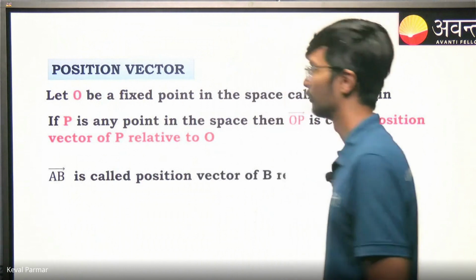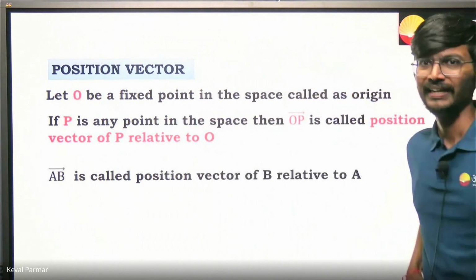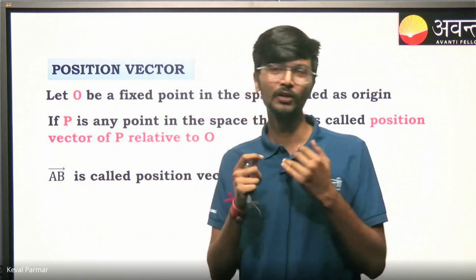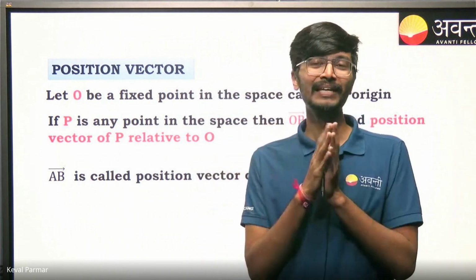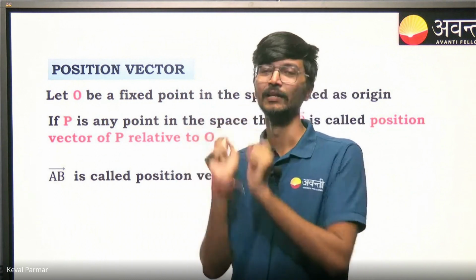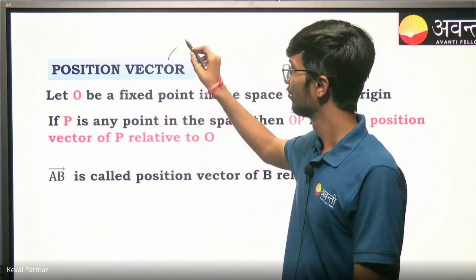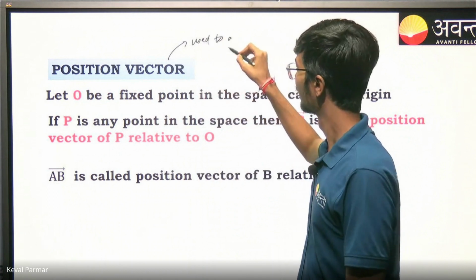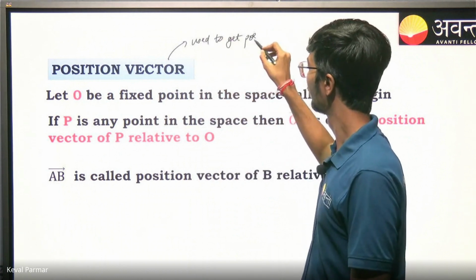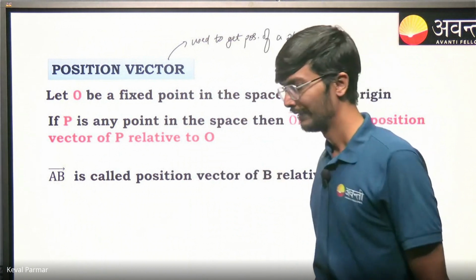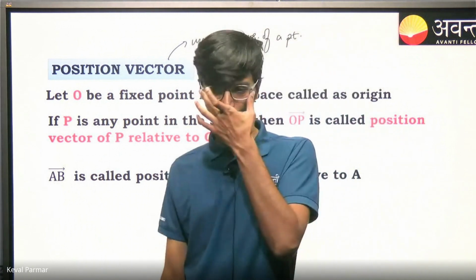Let's see what the position vector is. Position vector is mainly important for us because we'll be using it many times, almost every time in the chapter 3D. Position vector is used to get the position of a point.